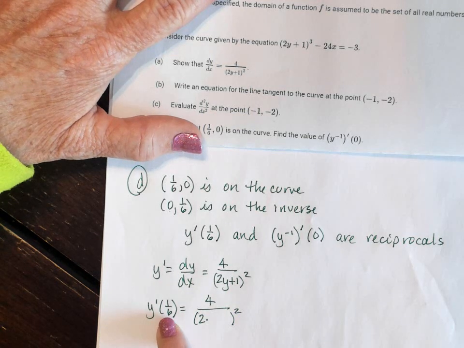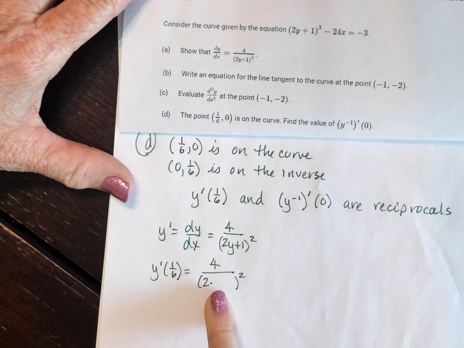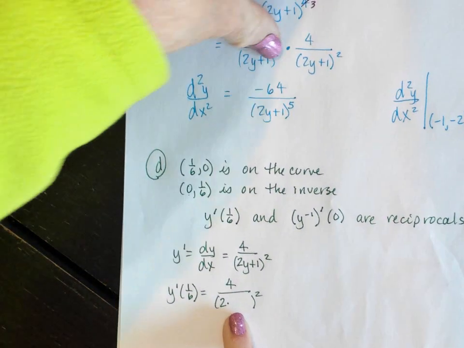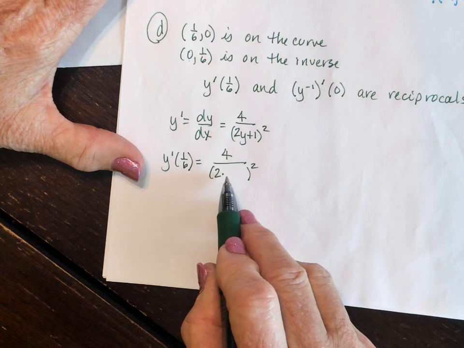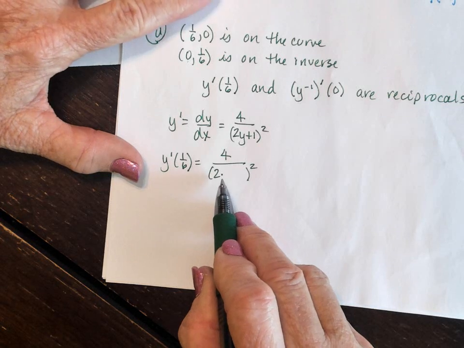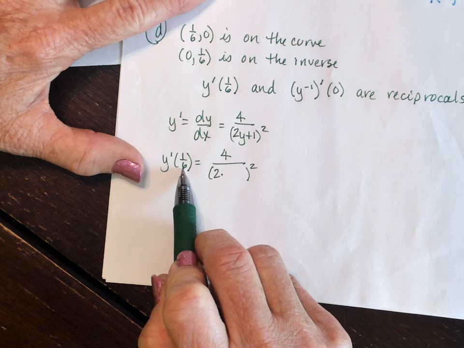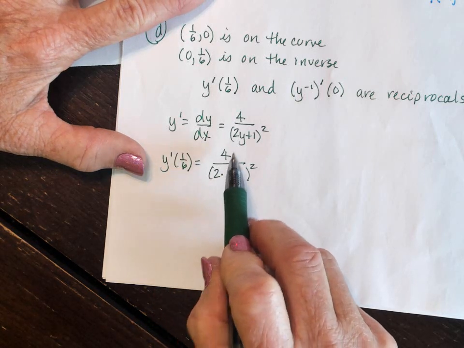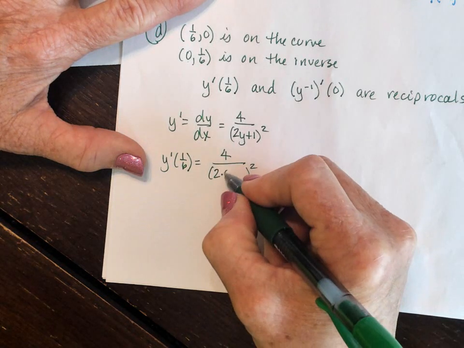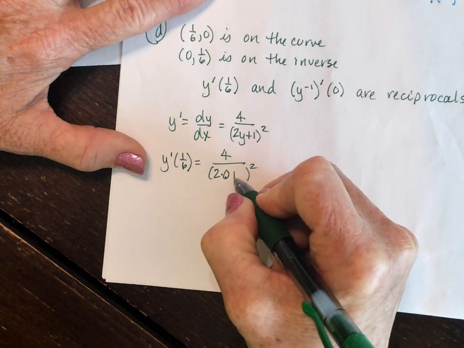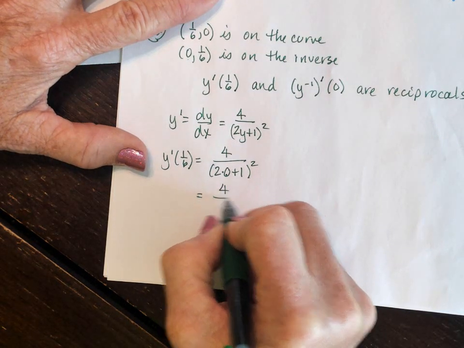You're so used to taking this 1/6 and plugging it in here to the variable. But you have to remember that this is the x value on the curve, and what's in here is asking for the corresponding y value. So this has to be 2 times 0 plus 1. I think that's tricky.